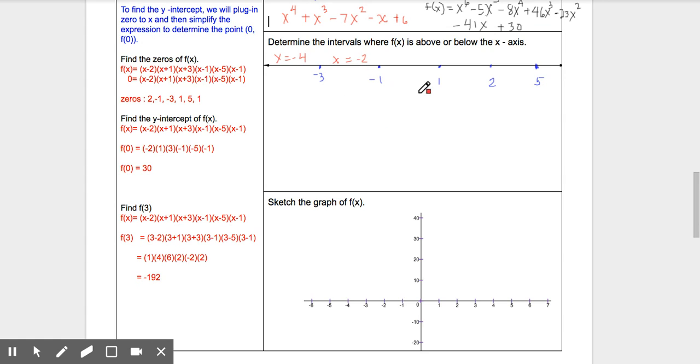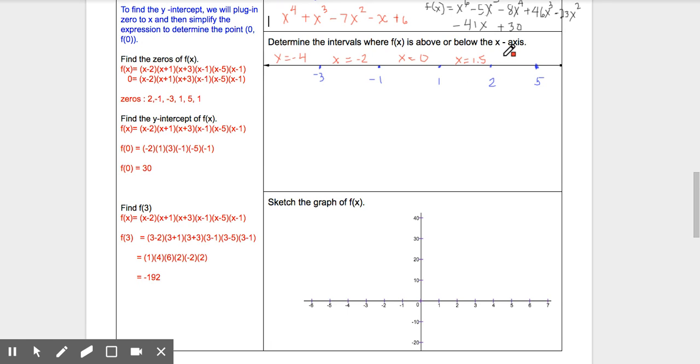Between -1 and 1, we can pick 0. But between 1 and 2, we can't find a whole number, so we'll have to use 1.5. Or we can use 1.1, 1.2, 1.9, as long as it's between 1 and 2.